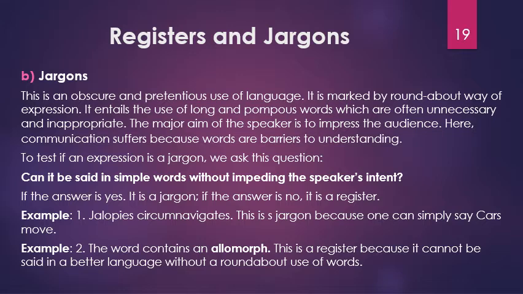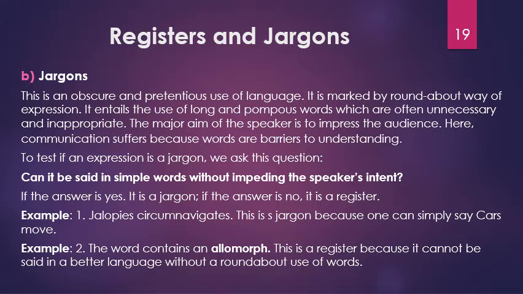The major aim of the speaker is to try to impress the audience and in fact in the process even impede communication, because communication normally suffers because words tend to be barriers to understanding. They try to block the reader's understanding.